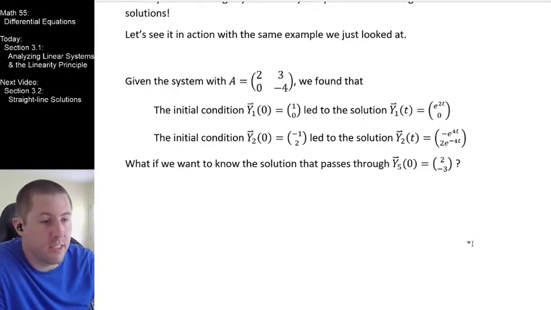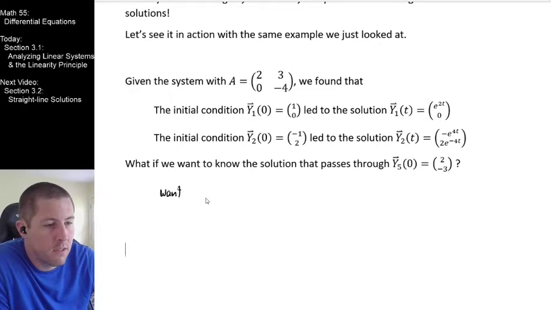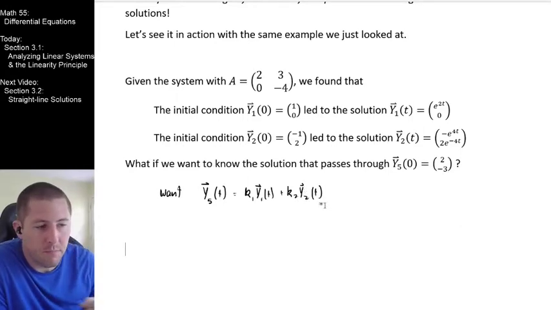What we're generally saying is that we want to find some y5 of t that looks like k1 times y1 of t plus k2 times y2 of t, right?